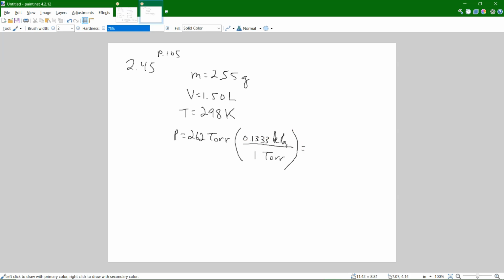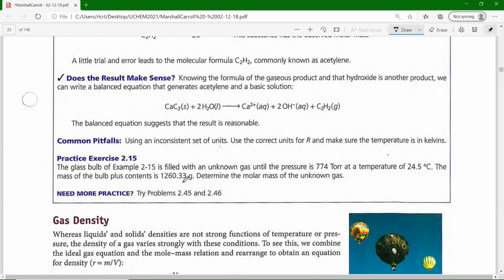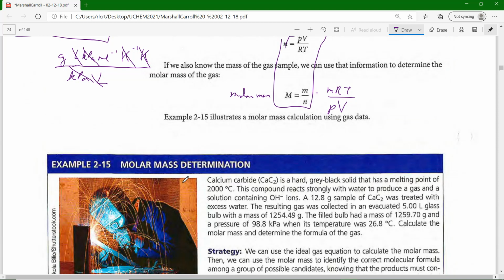Okay, so I'm going to do 262 times 0.1333, which is 34.92 kilopascals. Okay, so now I've got the pressure and all this, so we can get the molar mass. Molar mass equals, well, what was the equation I just wrote? Let me go up a bit. mRT over PV.